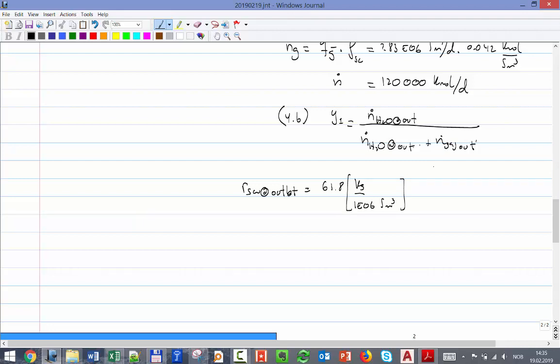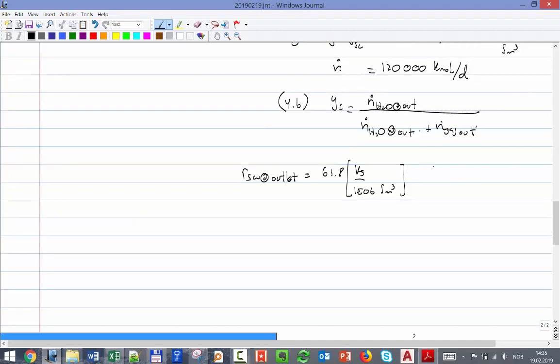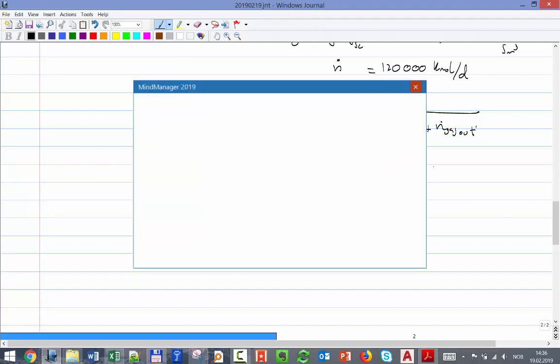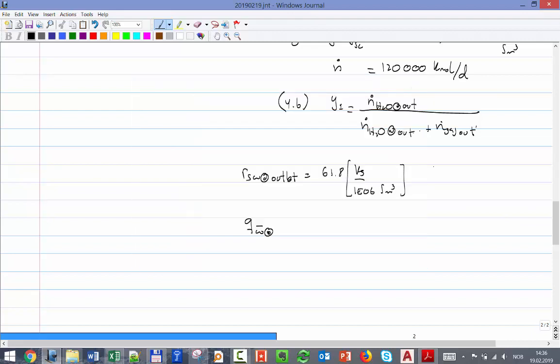The moles of gas, we say, remain the same. Therefore, the rate of water at the outlet will be equal to RSW at the outlet times Q of the gas. That's how much water we have.